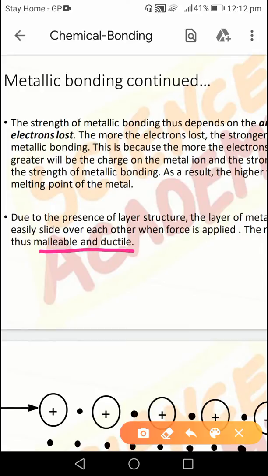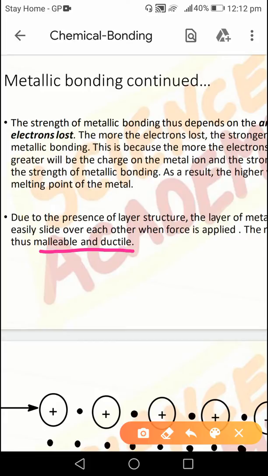Okay, now what do you mean by malleable? You can remember it in Bangla this way: যে পিটায় তক্তা বানাই দিব. That means it can be hammered into various shapes. That's the meaning of malleable.